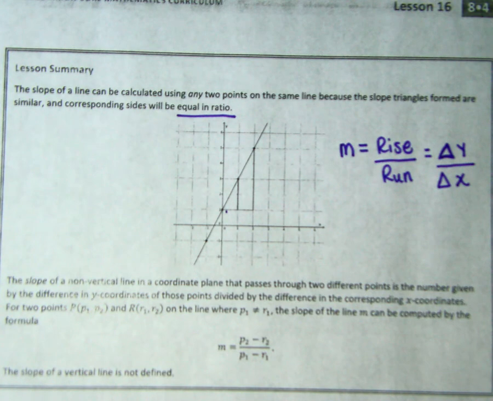Last key point. The formula to calculate slope is what? What does that formula look like? Is there only one way I can write this formula? If not, show me the other way.